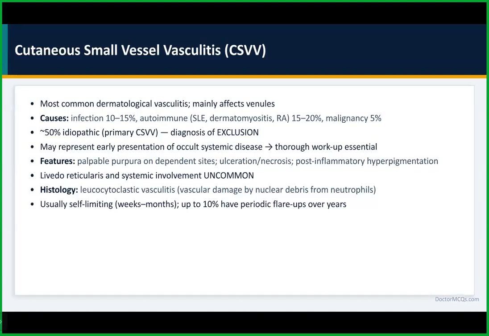The most common in cutaneous vasculitis is small vessel vasculitis, CSVV, cutaneously. It is basically an exclusion criteria.